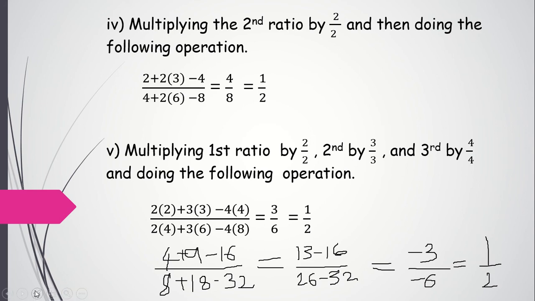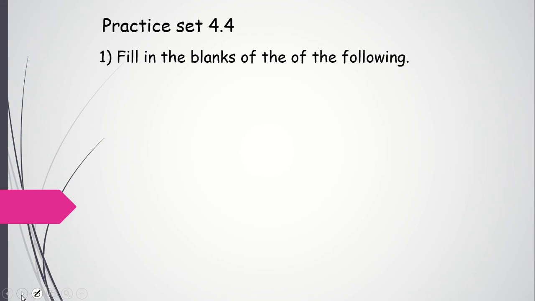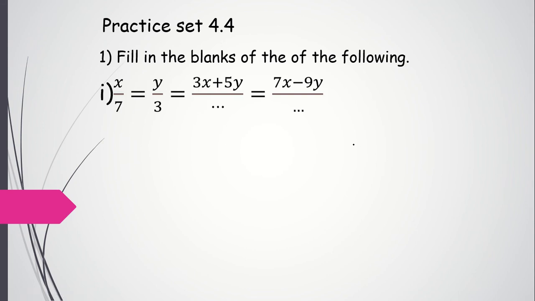So this way also is true, and we see that theorem on equal ratios can be used in such 5 ways. So in order to solve the problems of practice set 4.4, we will use the theorem on equal ratios now.